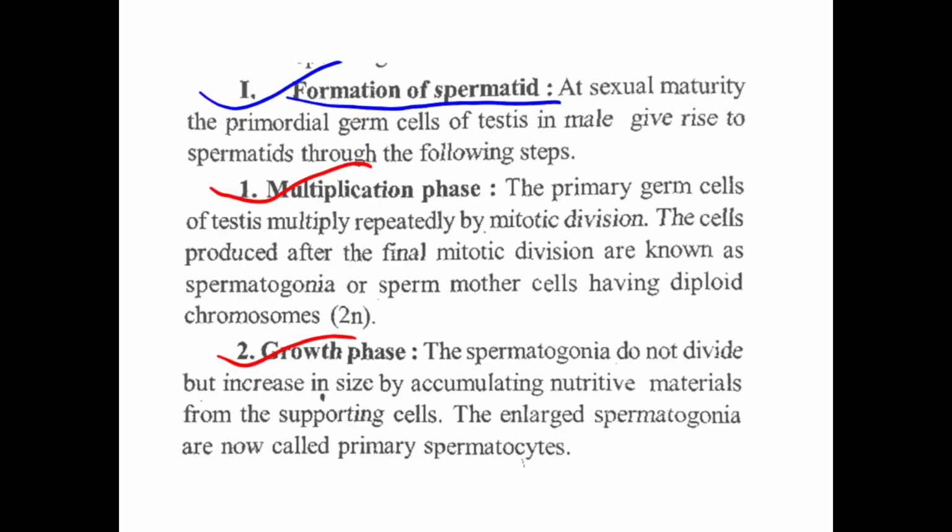What is the phase of multiplication? In the phase of multiplication, the primordial germ cells of the testis multiply repeatedly by mitotic division. The division is mitotic.